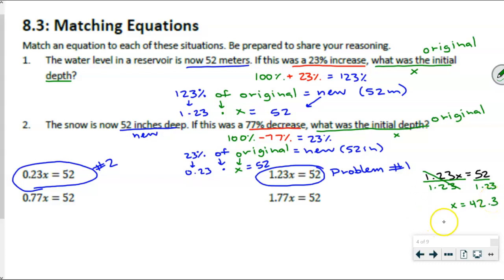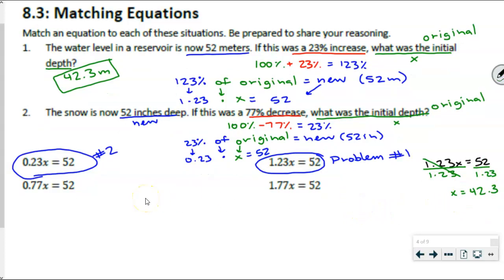So I'm going to call it 42.3. What was the original amount then? 42.3 meters. Problem number 1 was meters. So, did I know the original amount? No, but if I don't know, I work backwards, right? We can work backwards and still find it.